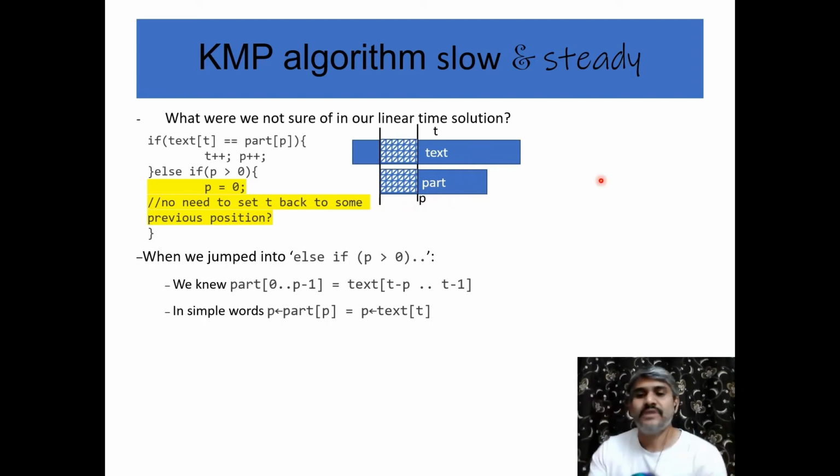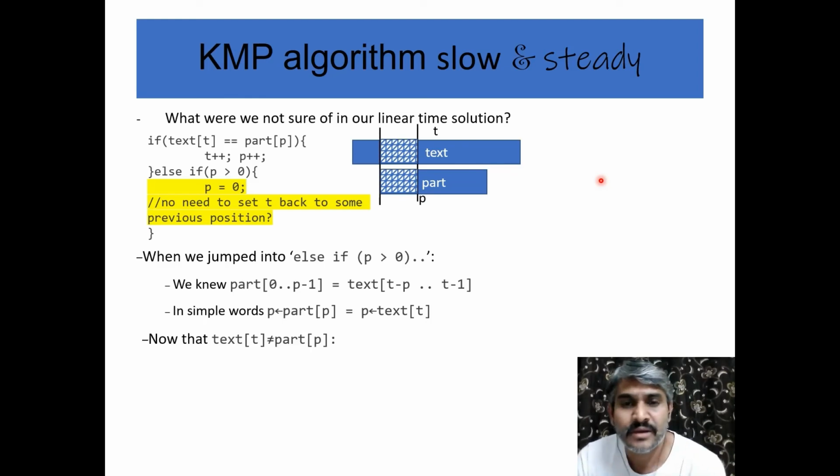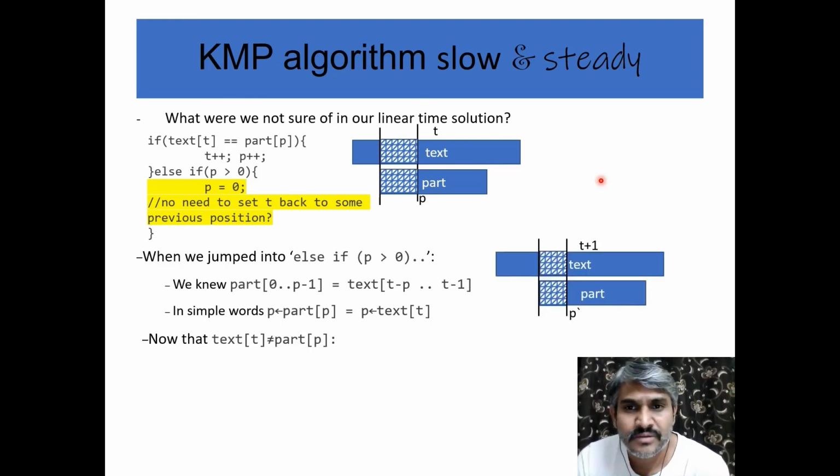So if we look at this pictorially, we can visualize that there may be some character in part at some position p prime. Let's consider this position p prime, which actually matches with the character at position t in text.